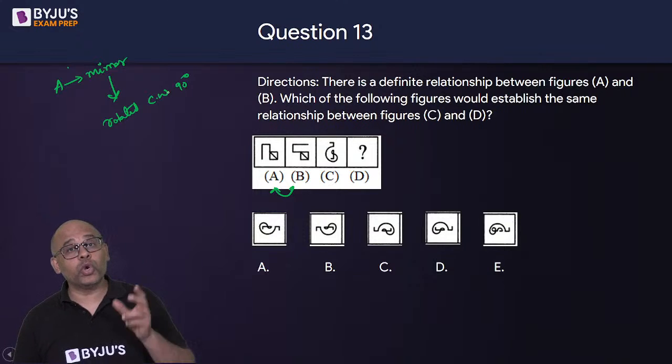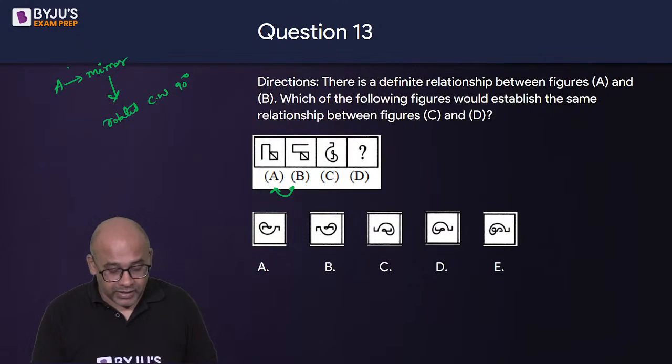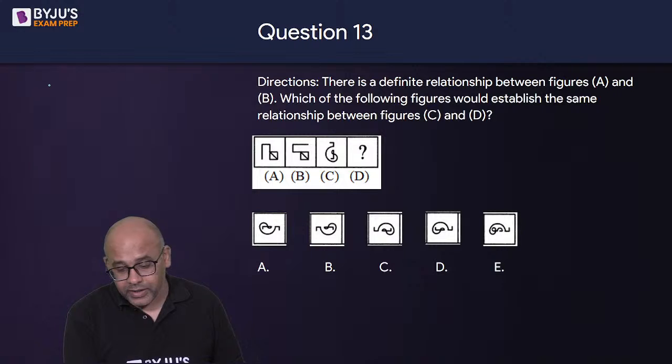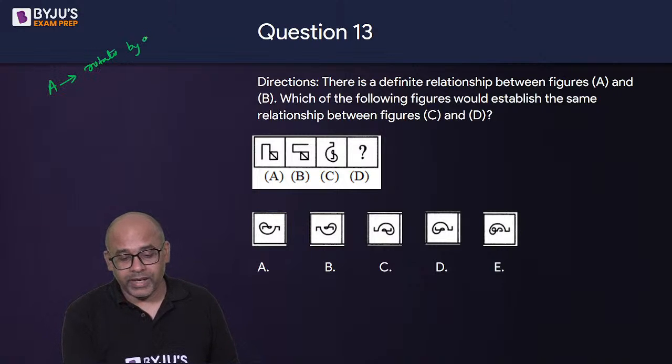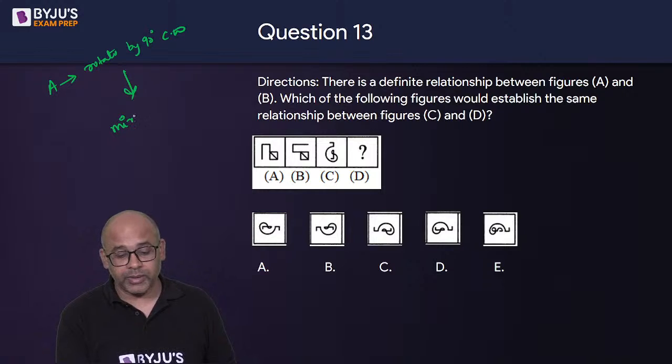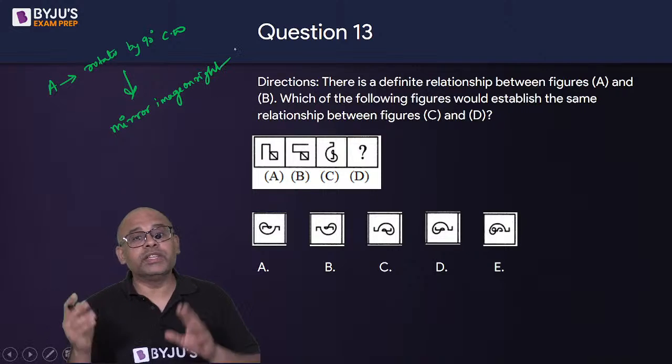So if you rotate the mirror image, or rather, in fact, the other way around, let's put it this way. A is first rotated by 90 degrees clockwise. Then you are taking the mirror image of this.